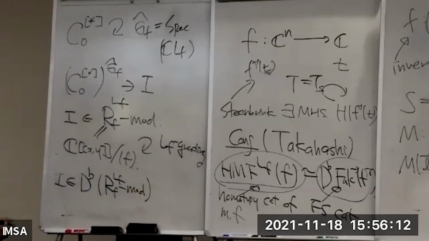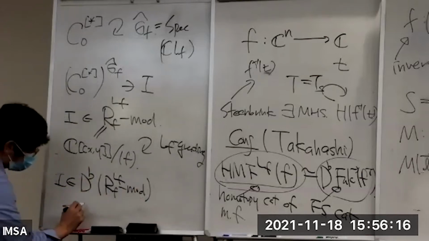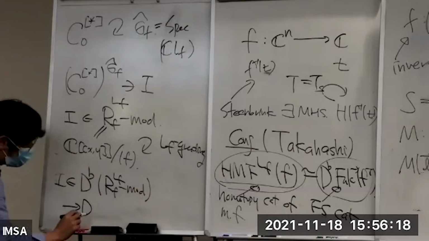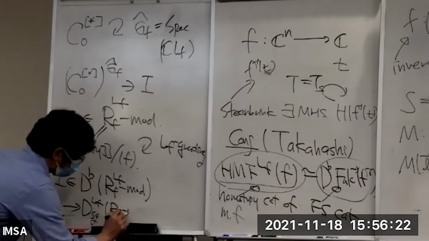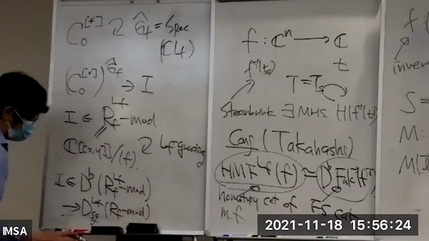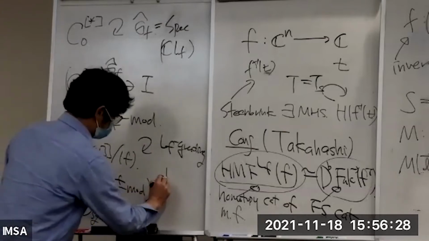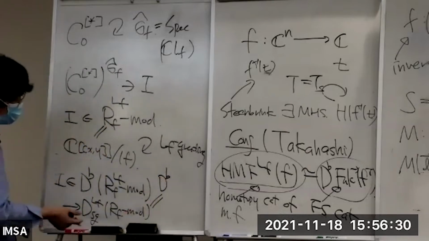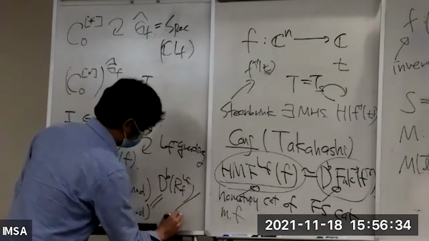And then there's a map from here to the triangulated category of singularity. Right, this way. So this is nothing but the quotient of this category by perfect complexes.